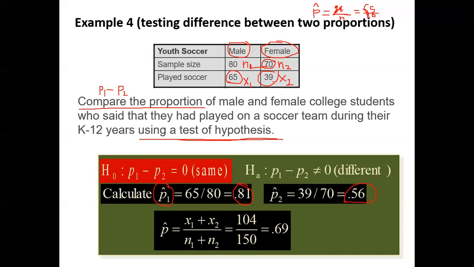Then divide by n1, the sample size of male, plus n2, the sample size for female. So you will get 150. Then the overall P hat is 0.69.